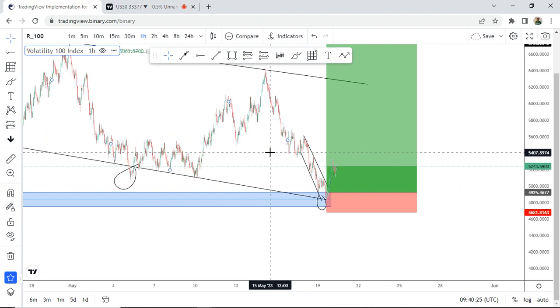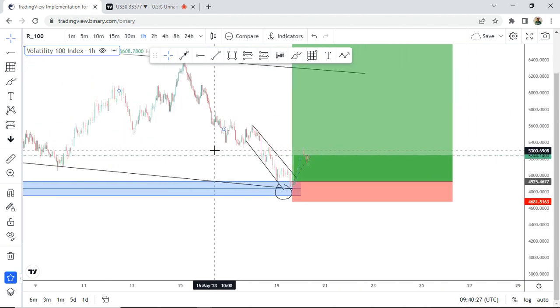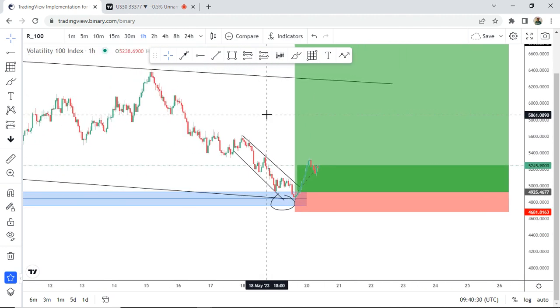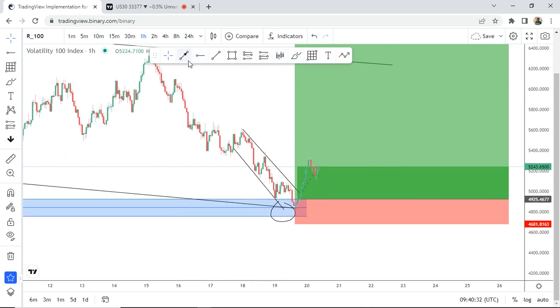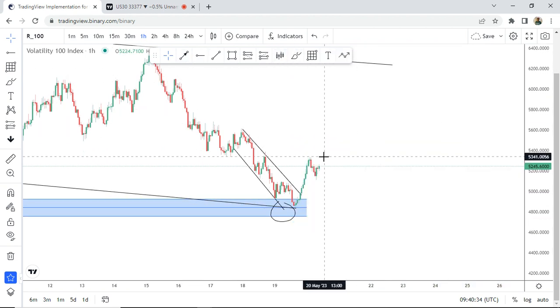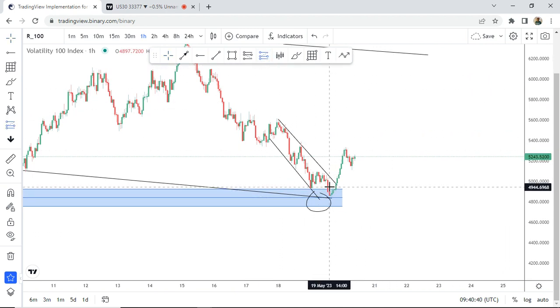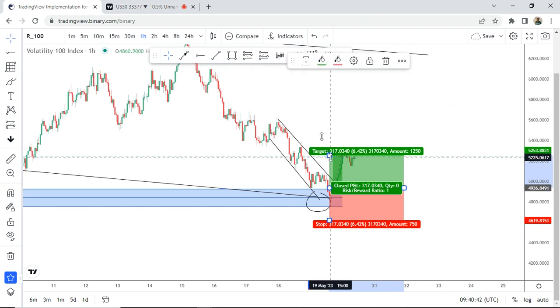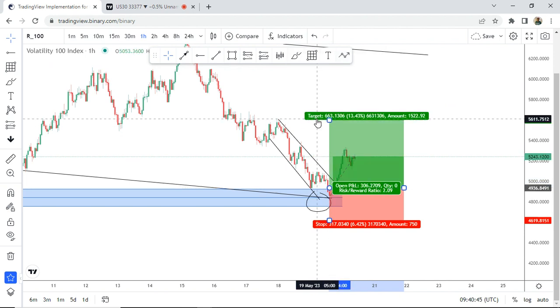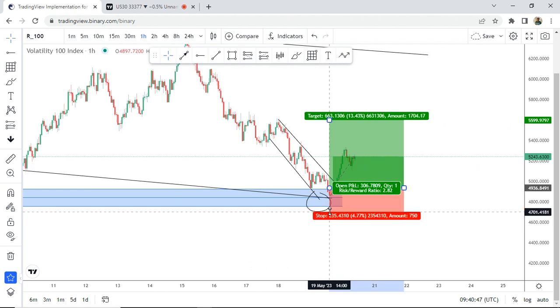But then we also had a pattern within a pattern. If you try to look at this pattern right here, let me just use this thing around here. Let's say we did enter there. Our first target was gonna be on the 90% of this inner pattern.